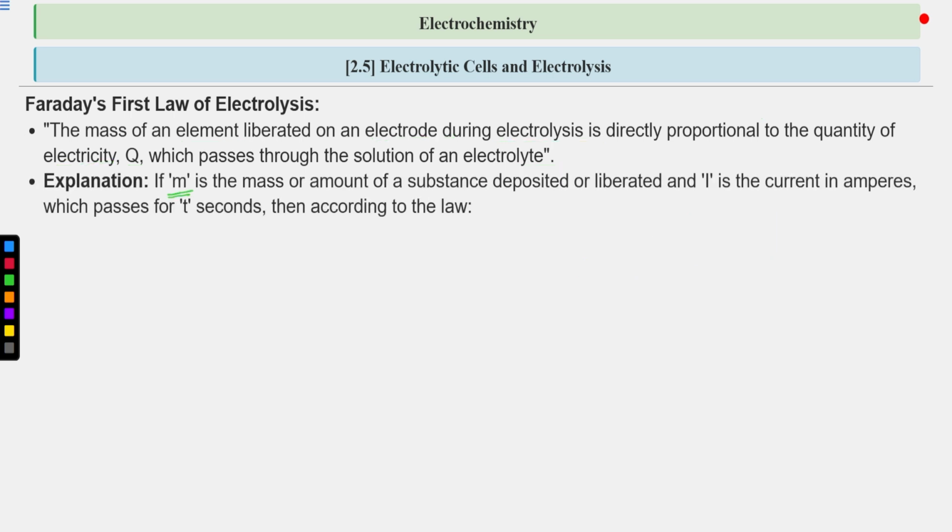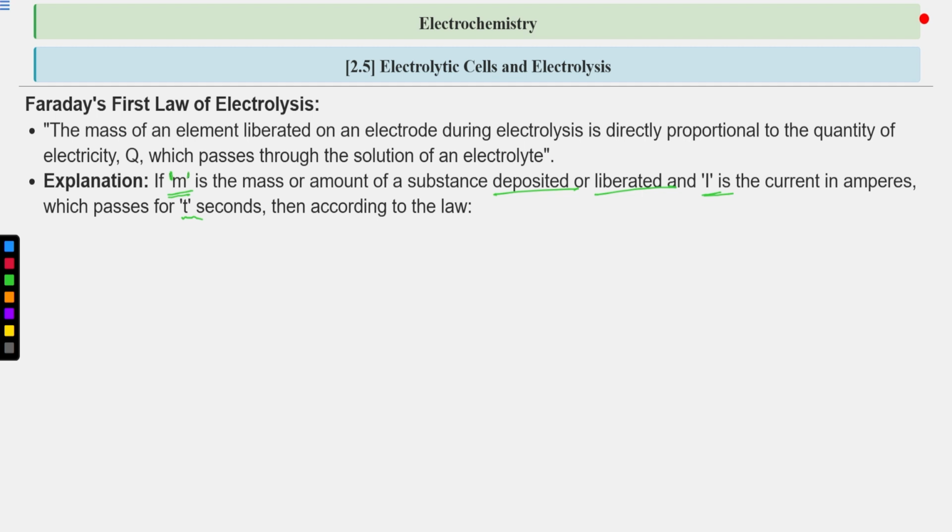So if M is the mass or the amount of a substance deposited or liberated, and I is the current in amperes which passes for t seconds, then according to the law, we are explaining the first law statement.